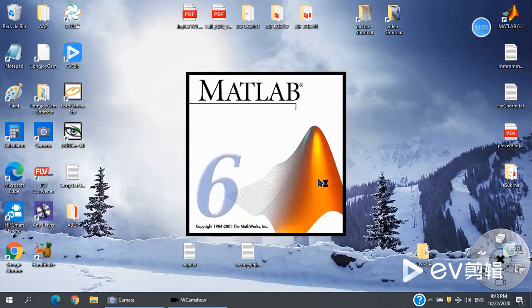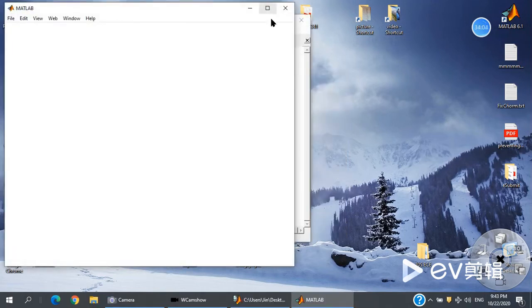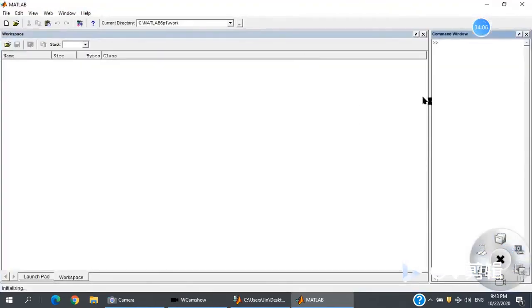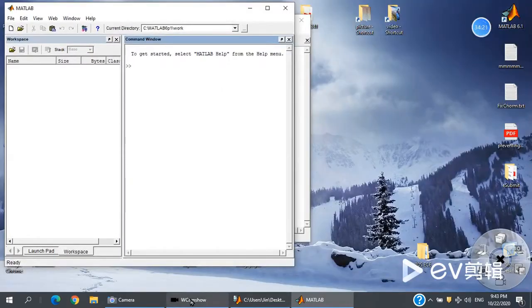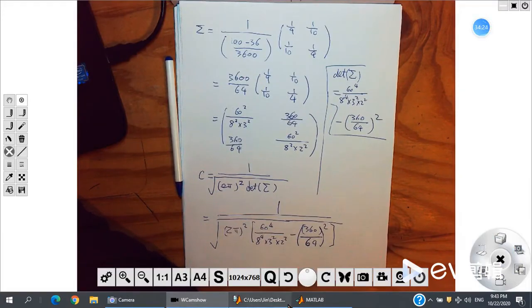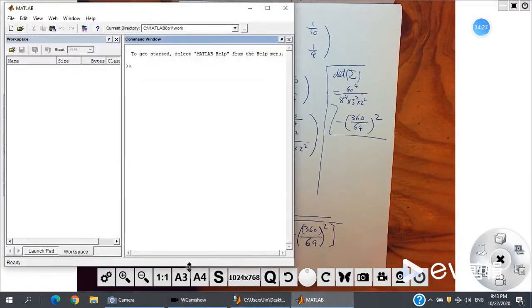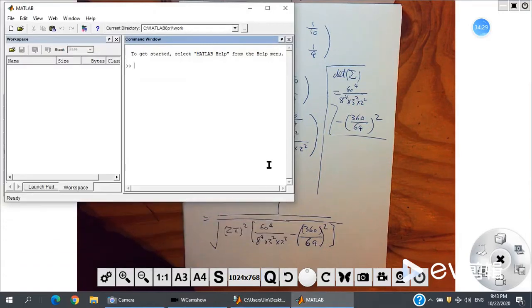Okay, MATLAB. It is okay. It will run for a while. Alright. Then here I want this number. So it is 1 over square root of.